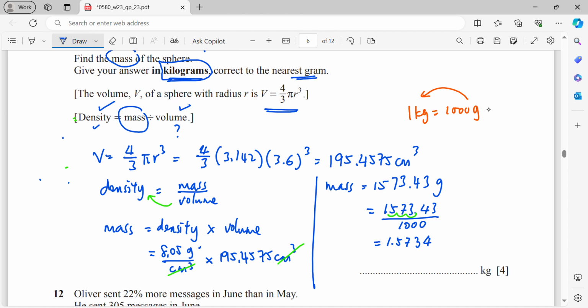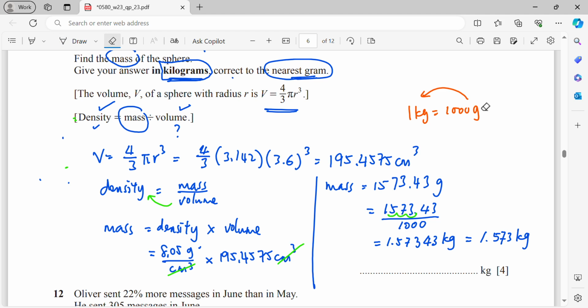Then 43 kilograms. And now you need to get the answer correct to the nearest gram. Correct to the nearest gram, this is basically 1.573 kilograms. Right, because we need to leave your answer in 3 significant figures.